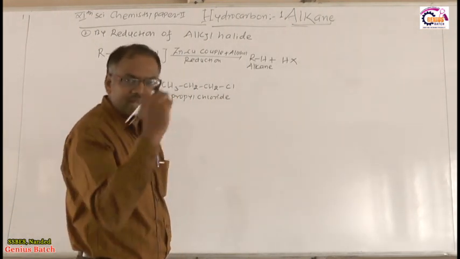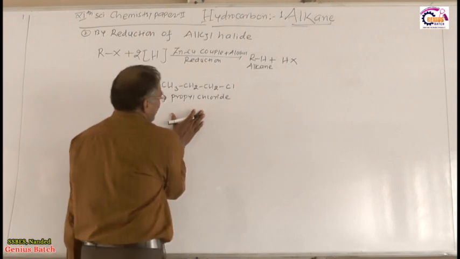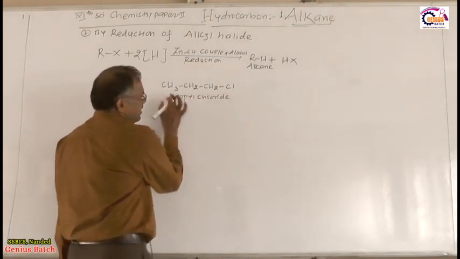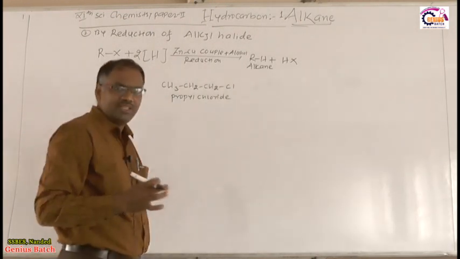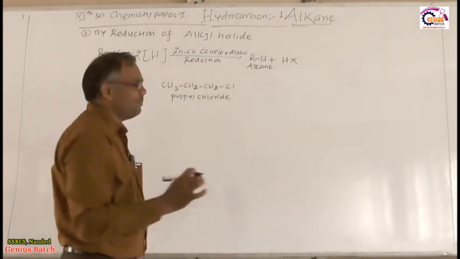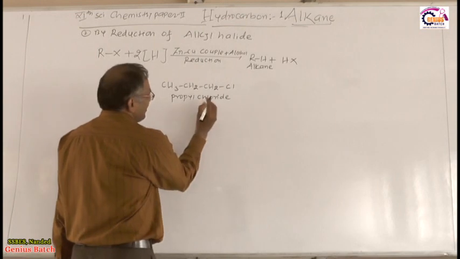What is the IUPAC name? In the IUPAC name, select the longest continuous chain of carbon atoms containing the halogen atom. The halogen atom is chlorine here. How can we write the IUPAC name?